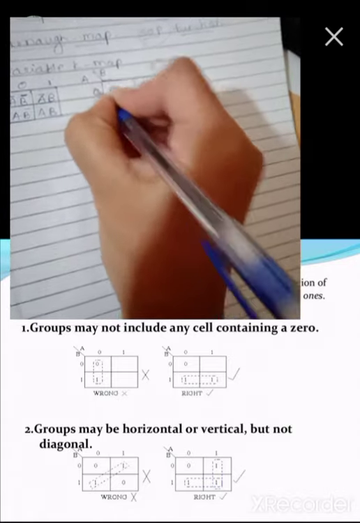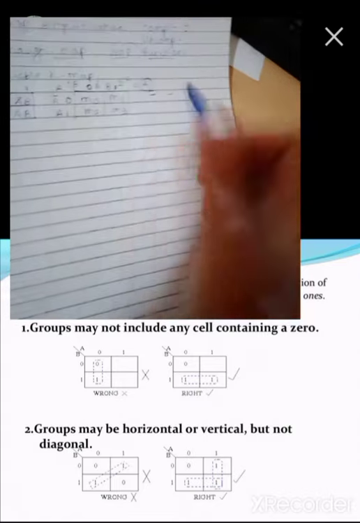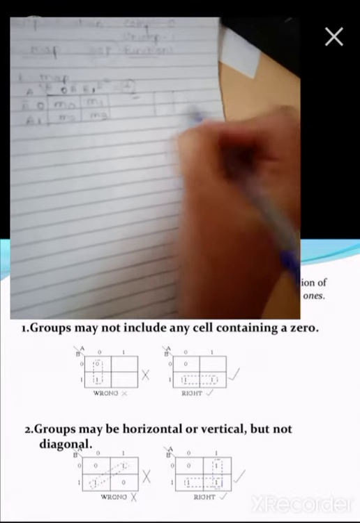So according to that, I have written A bar B bar, A bar B, A B bar, and A B. Now A bar B bar means m0 min term, A bar B means m1, A B bar means m2, and A B means m3. So this is called the plotting of a two variable K-map.